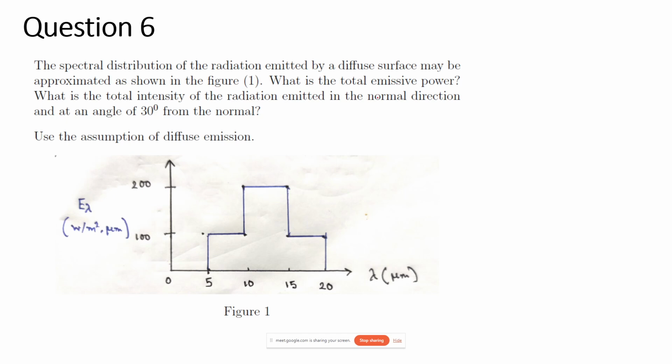What is the total emissive power? That is, we have been asked to find E. And what is the total intensity of the radiation emitted in the normal direction, at an angle of theta degrees from the normal? That is Ie. We have been asked to find Ie under the assumption of diffuse emission.